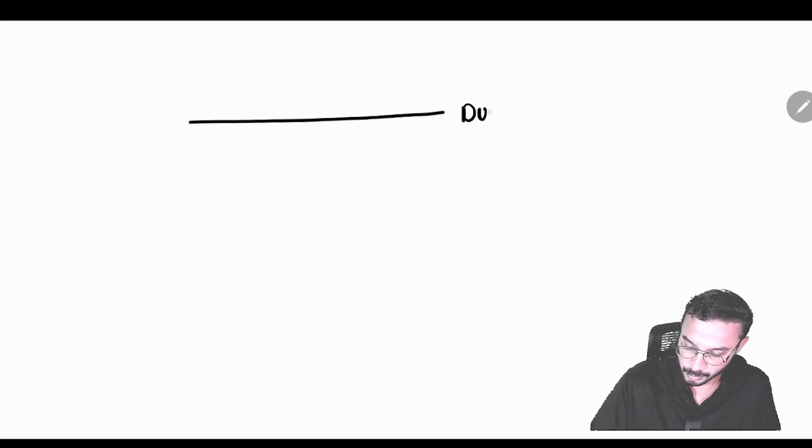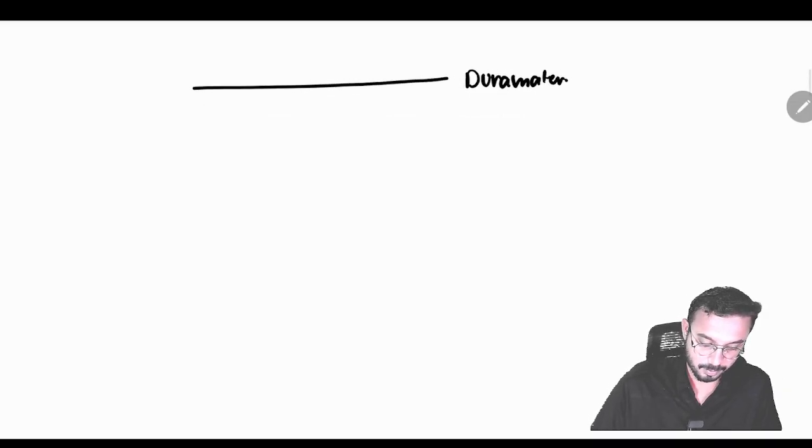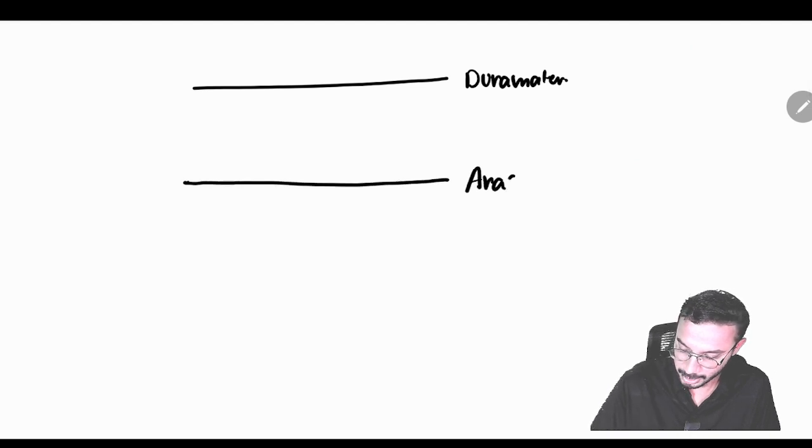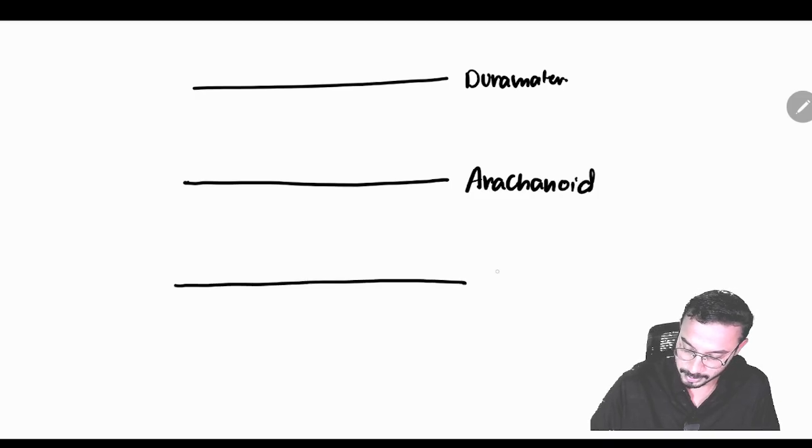Okay, I will teach you all the types of bleeding like EDH and SDH through this single line. Suppose this is dura mater, this is arachnoid, and this is pia mater.